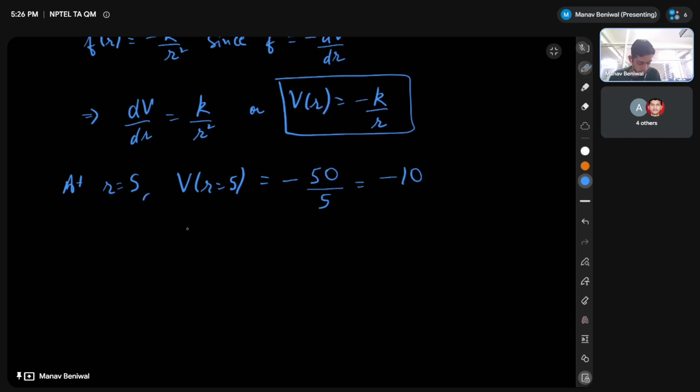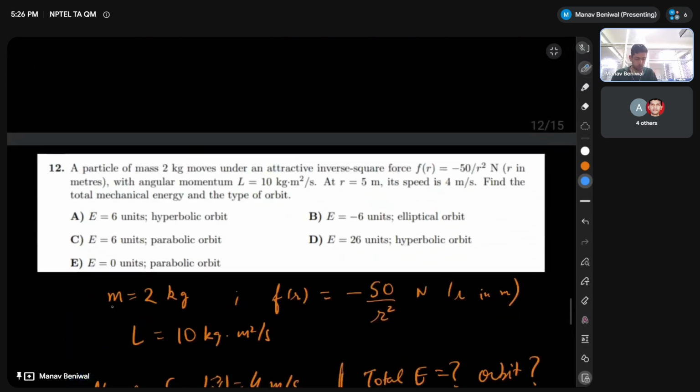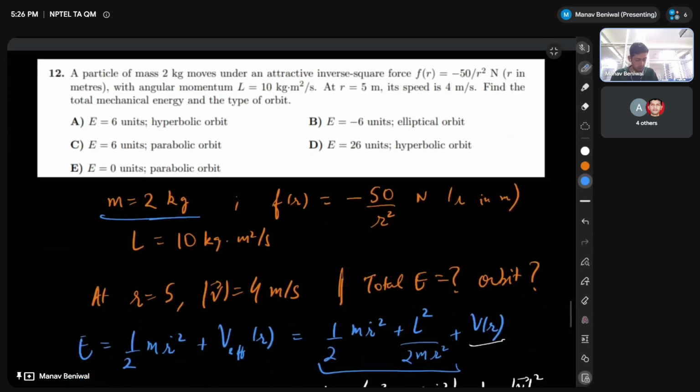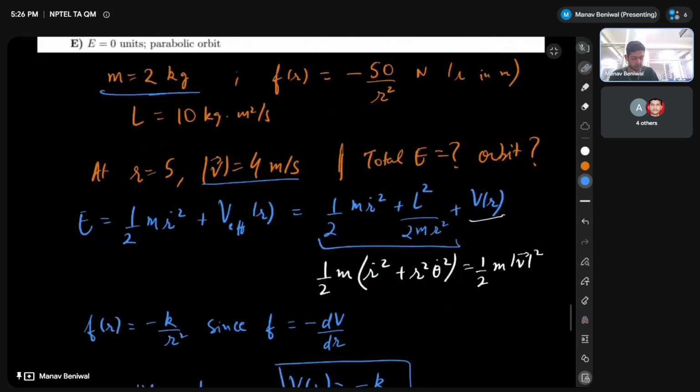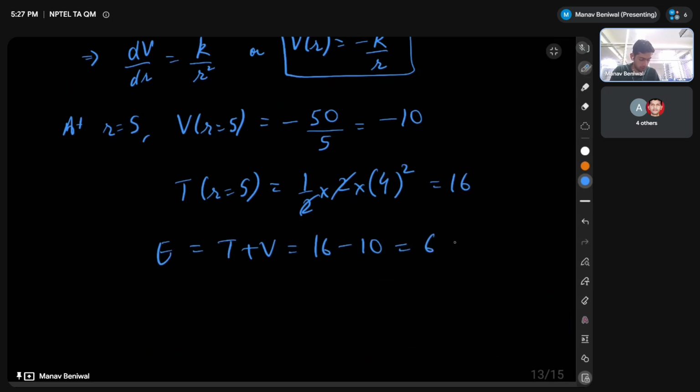And my kinetic energy, let's say T at r equals 5, is simply half m v squared. m is given to be 2 kg and v is given to be 4 meters per second. Half m v squared will be 4 squared, right? So this will be 16. Okay, so my total energy E is equal to T plus V, which is 16 minus 10, which is 6.